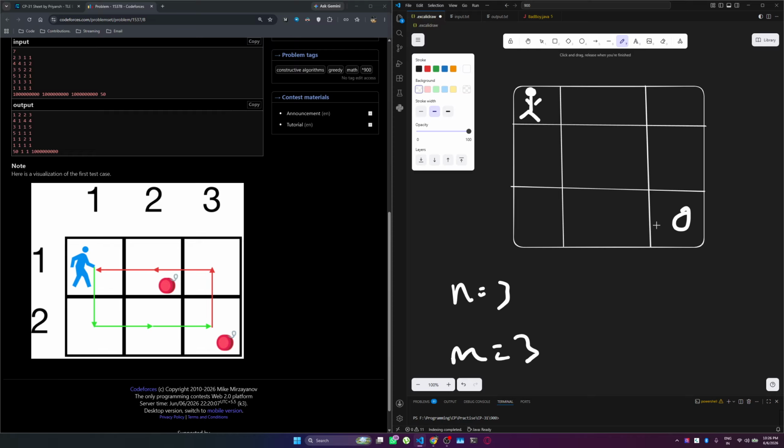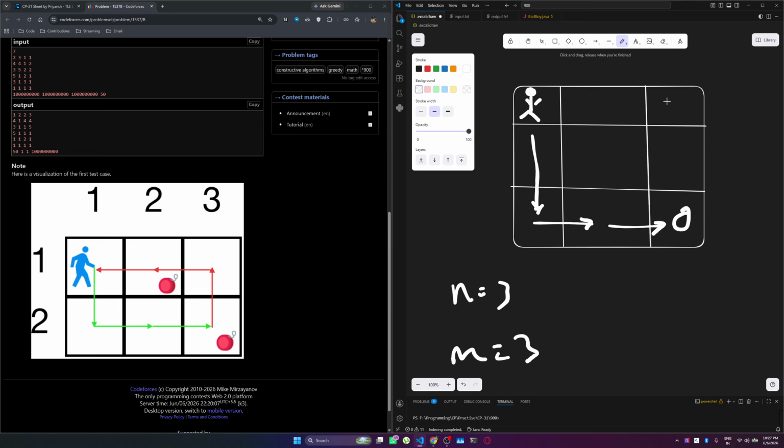And then we can also place the second one here, or place it at the center. We'll count: 1, 2, 3.